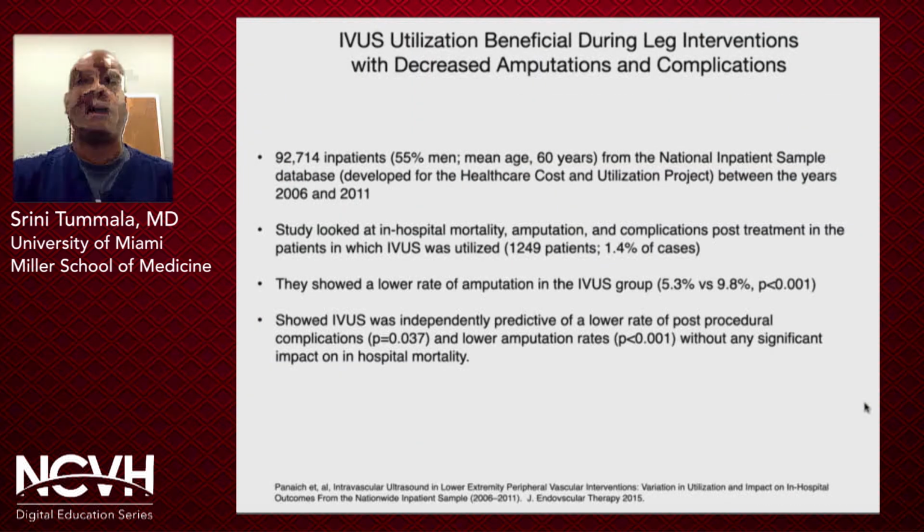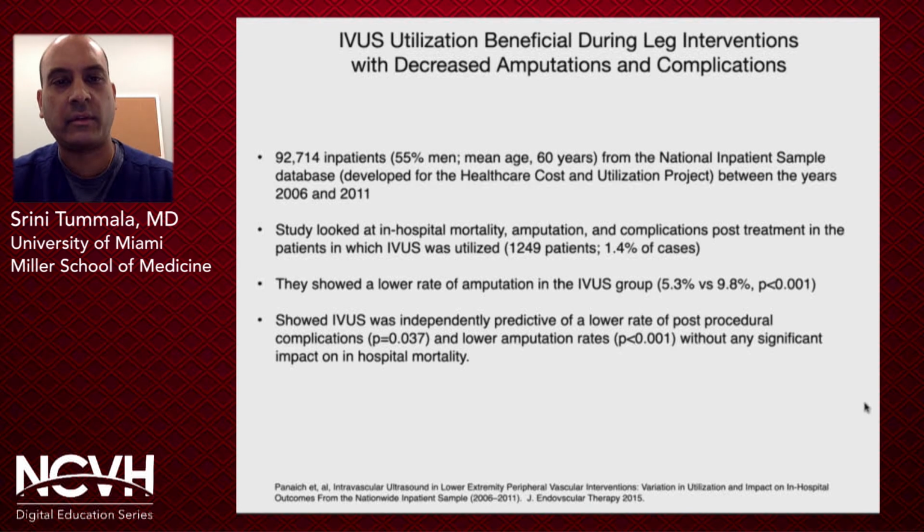So finally, what about IVUS utilization and amputation rate as well as complication rates? Here's an analysis that was performed on about 92,000 patients from the National Inpatient Sample Database, and they were really looking at all the patients between the years of 2006 and 2011. And what they looked at was in-hospital mortality, amputation, and complications after treatment in patients in which IVUS was utilized.